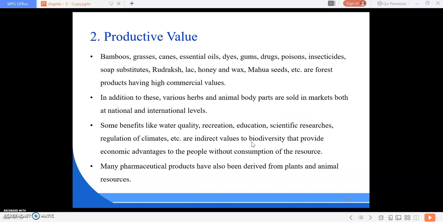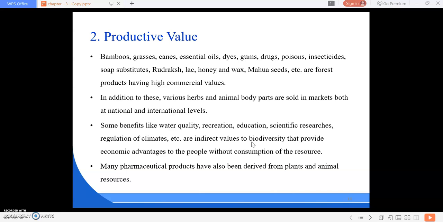Next is productive value. Bamboos, grasses, canes, essential oils, dyes, tanning material, gums, resin, drugs, spices, poisons, insecticides, soap substitutes, rudraksh, lac, honey, wax, tussar, mohua seeds, mohua flower, and other seeds are forest products. They have high commercial values.